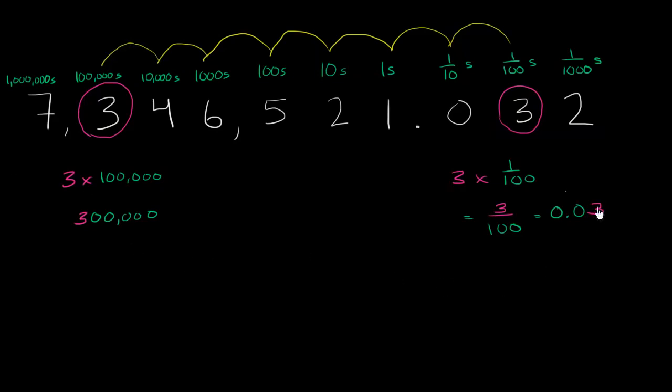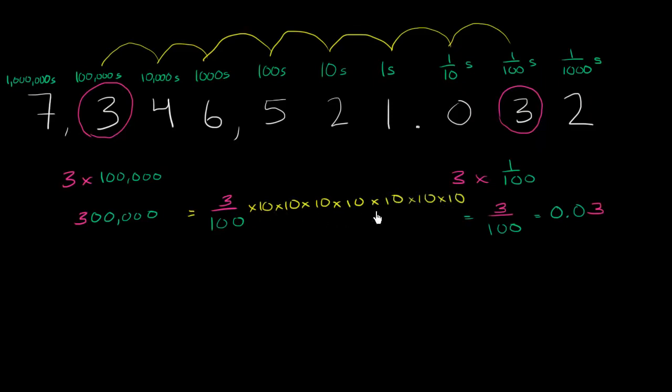Let me write this down. So this multiplied by 10 7 times should be equal to this. Let me rewrite this. 300,000 should be equal to 3 over 100 multiplied by 10 7 times. So times 10 times 10 times 10 times 10 times 10.